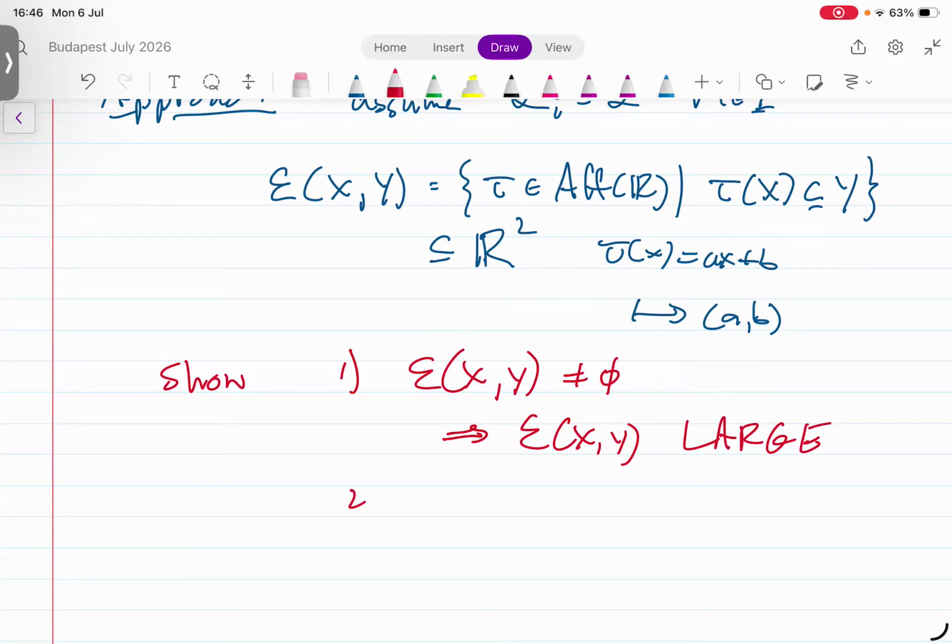And then second, you want to show that if E is large, this implies that Y is too large. For example, you could imagine that if you have a one-dimensional set of embeddings, then Y is one-dimensional, which would be a contradiction. That's actually true, and I'll explain a little later why, although that doesn't get you to the end of the conjecture, but it is a fact.